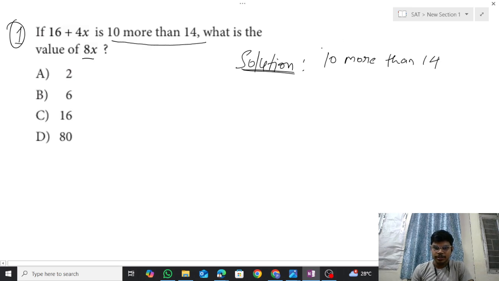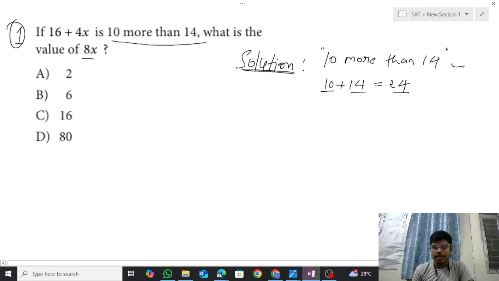The term used here is 10 more than 14. What is the meaning of that? It means 10 plus 14 is equal to 24.